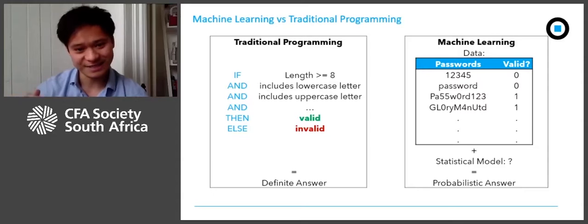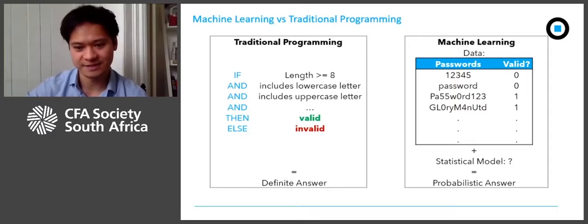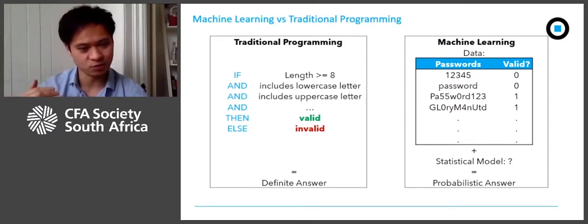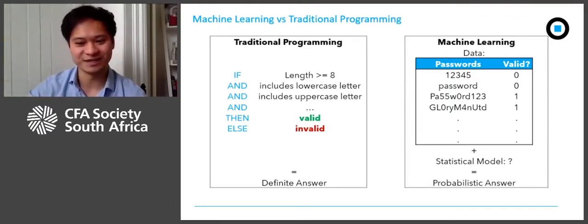The second example, which I hope none of you use, is the word password. And this is not valid because even though it's the right length, it does not include an uppercase letter. The third example there, that is valid because it passes all of the criteria. And the last one there, referencing your favorite football team, it's also valid because it fulfills all of these criteria.